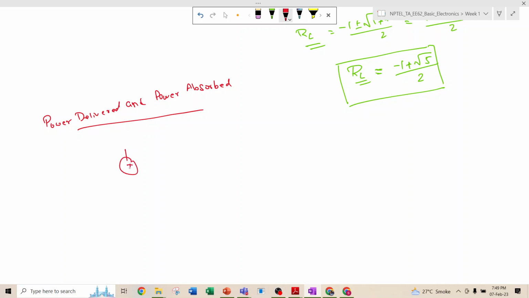Suppose you have a voltage source, that is 10 volt, and the current is flowing in this side, consider it as suppose 2 ampere. So it is flowing from minus to plus side, that means the power is delivering. It is delivering the power, because this 10 volt source is delivering this 2 ampere current.